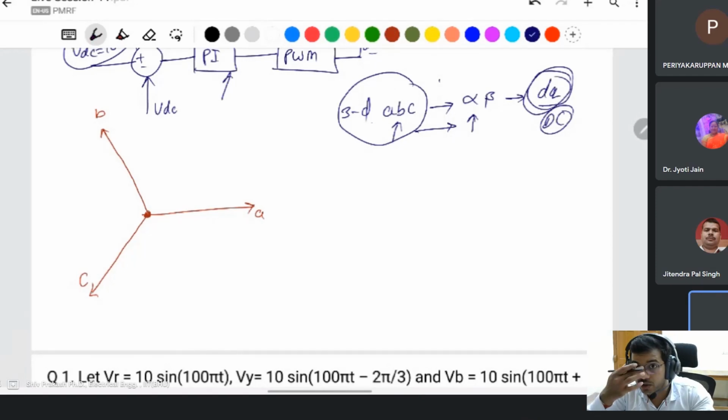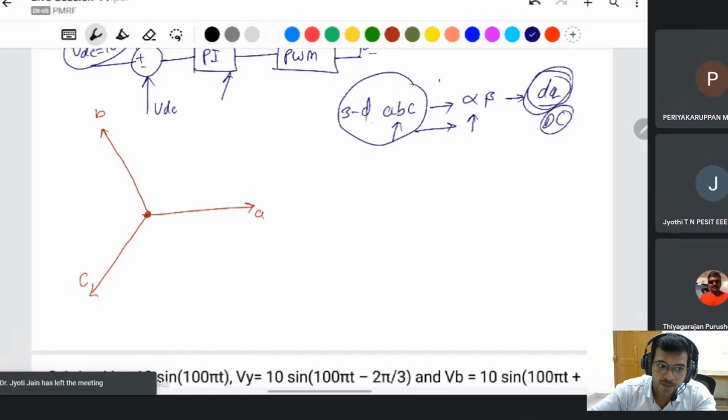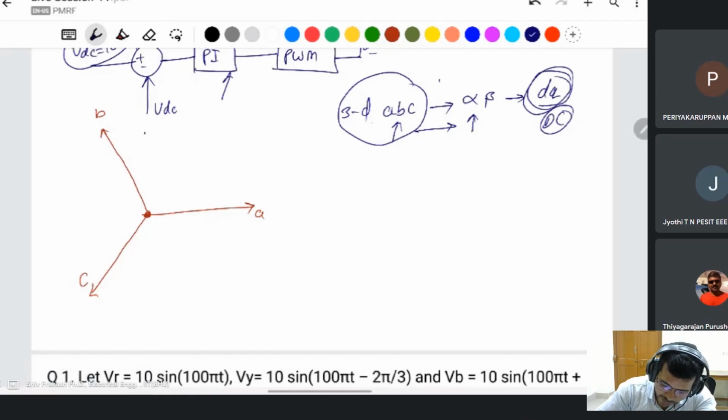To convert it into a two phase AC signal, we use the alpha beta transformation. In alpha beta, both are displaced by 90 degrees.